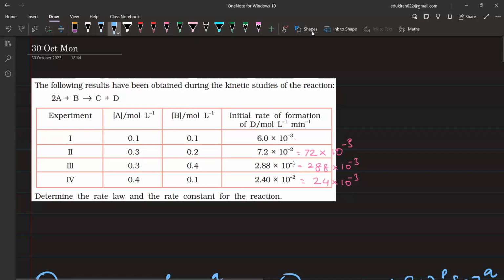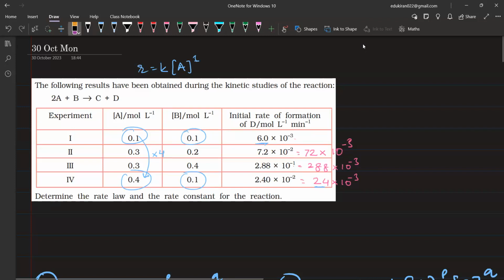Okay, fine. If I want to calculate, I have to use this. B is the same here and A is different. So this is multiplied by 4. And what is happening to the rate? 6 fours are 24. So I can say that with respect to A, rate is equal to K into the concentration of A to the power 1.